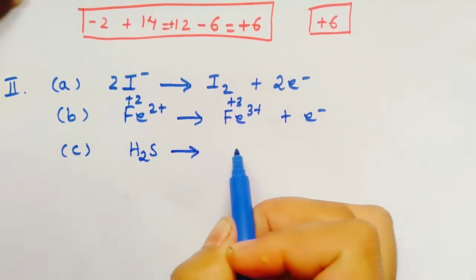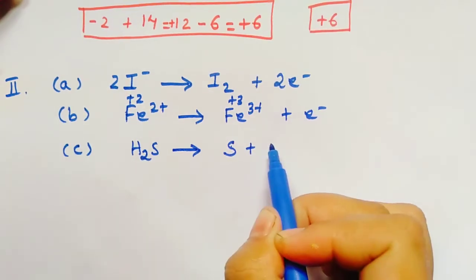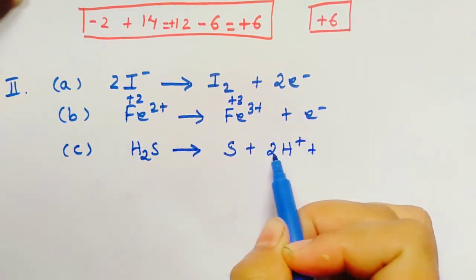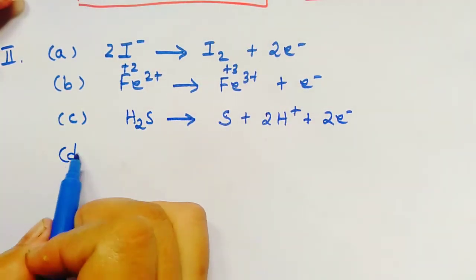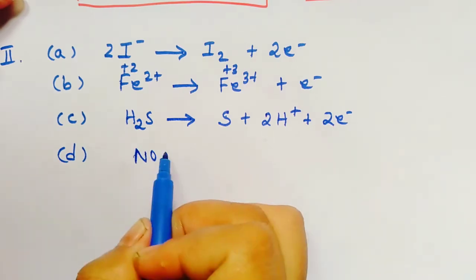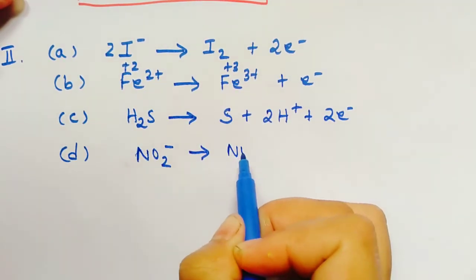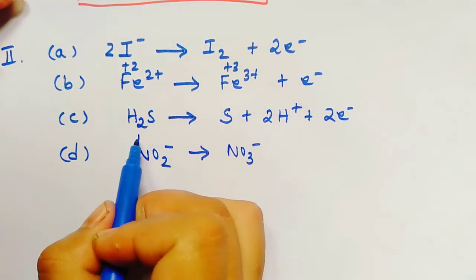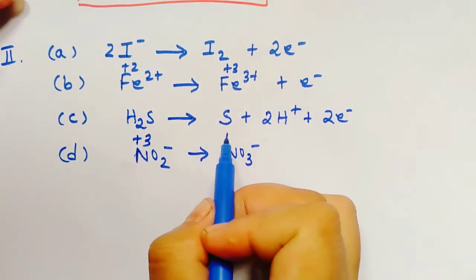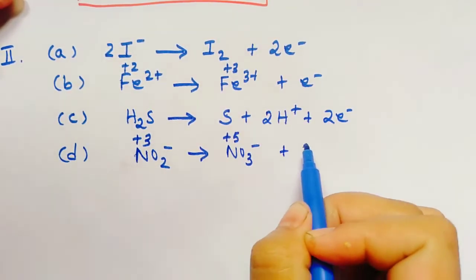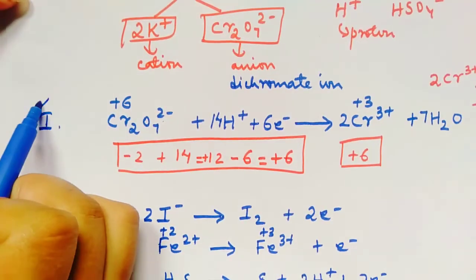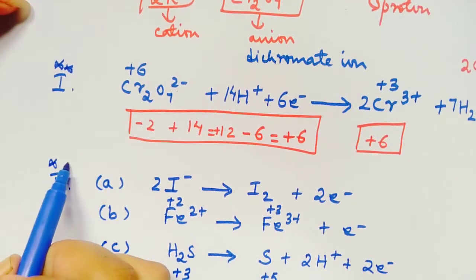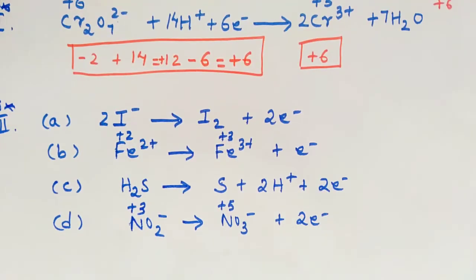So H2S oxidizes to S, and then you have 2H plus. That means 2 electrons are lost. And then D, you have your nitrite ion to nitrate ion. Here the oxidation state of nitrogen is +3 and here it is +5. That means 2 electrons are lost. So you have to remember these two. These are 2 simple tricks which are very helpful in order to complete those chemical reactions.